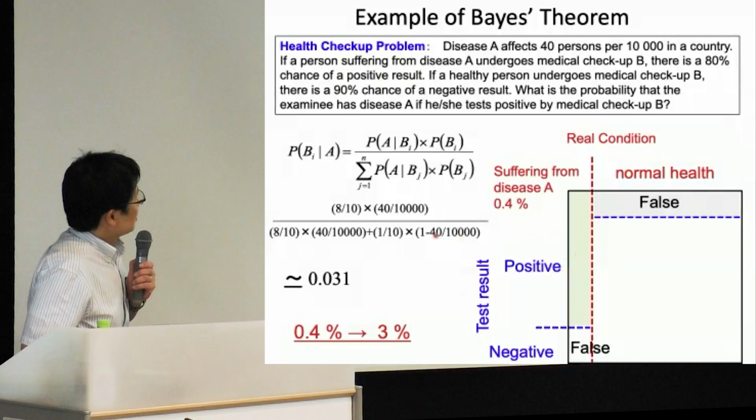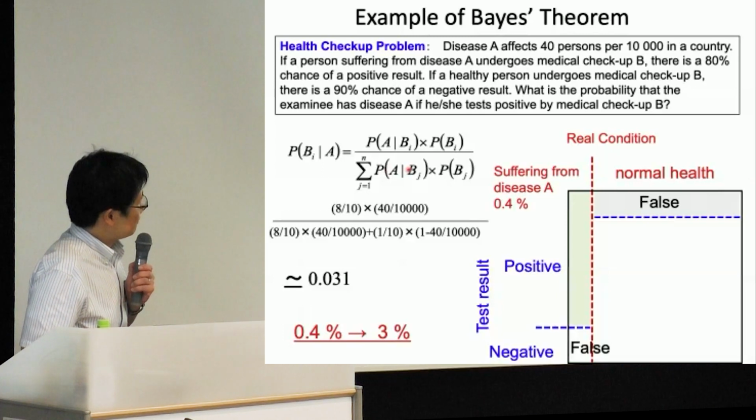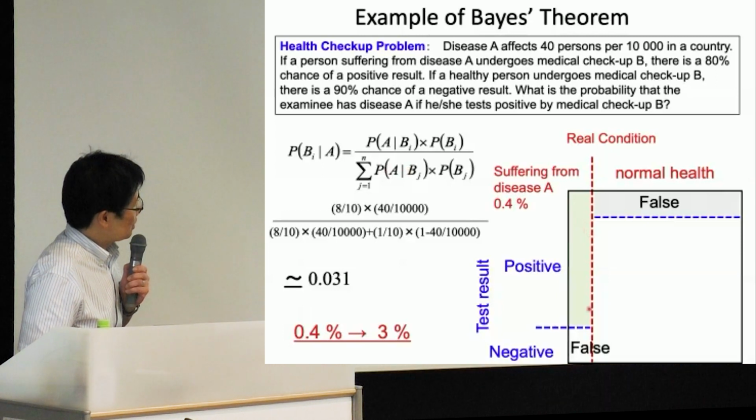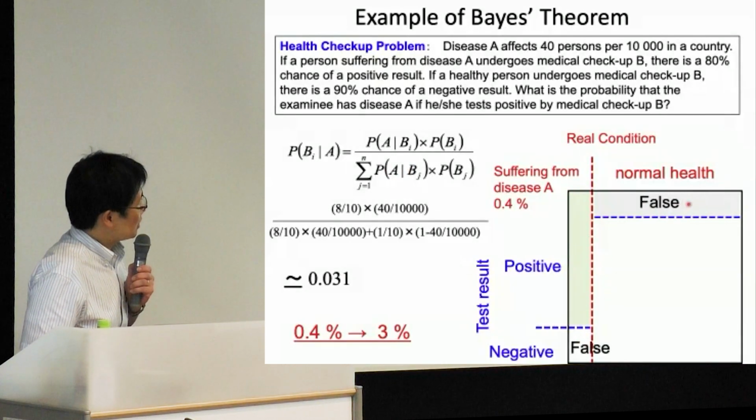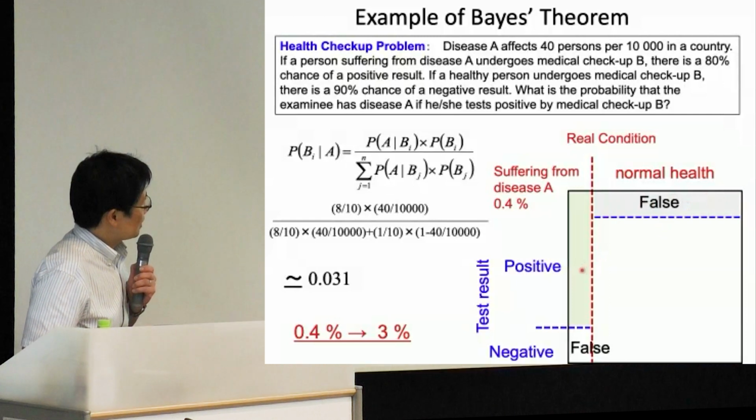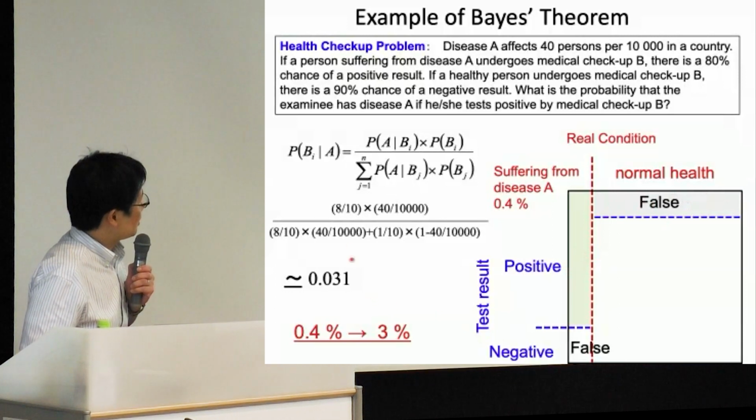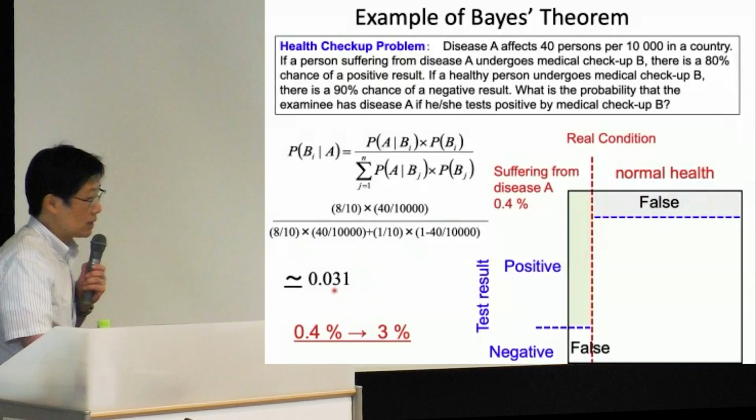So this is an expression by Bayesian theorem, and based on this diagram, the denominator is this region. This region is for false, and this is a true situation, and this probability is calculated this way, and the answer is 0.03.